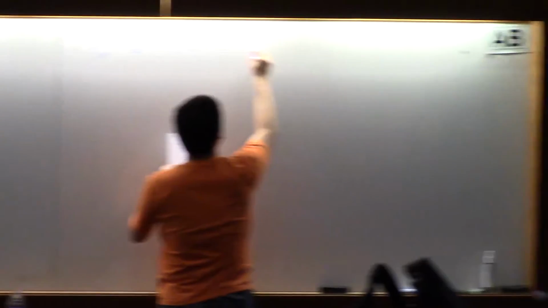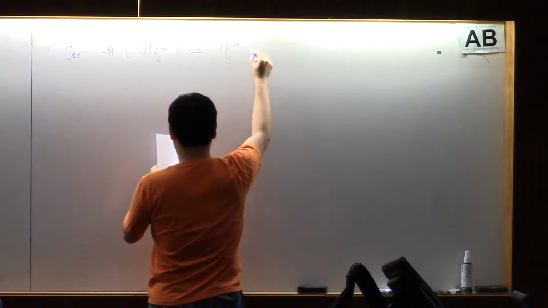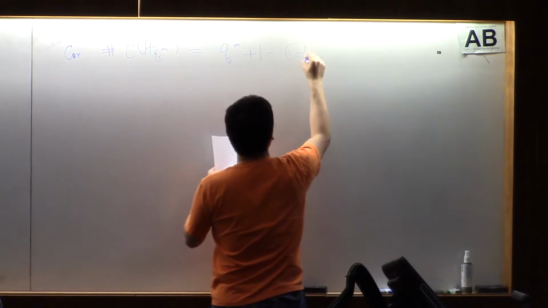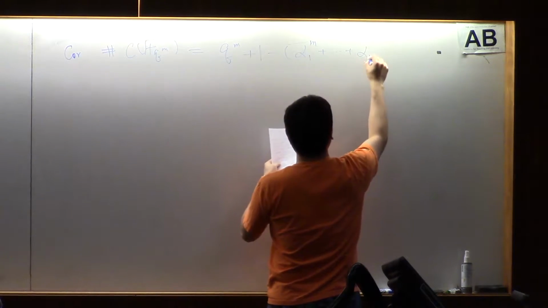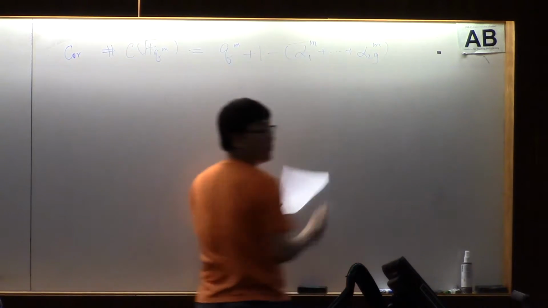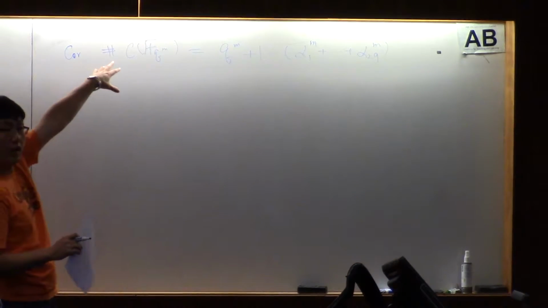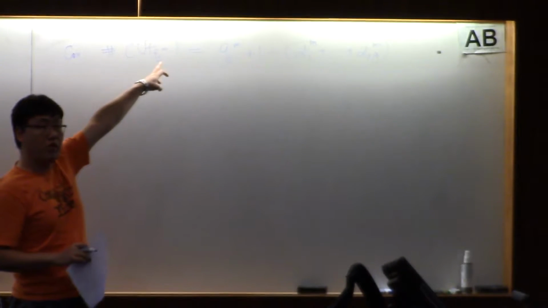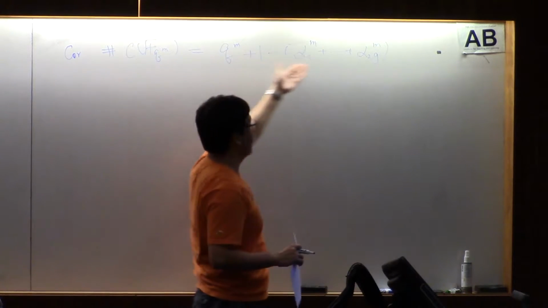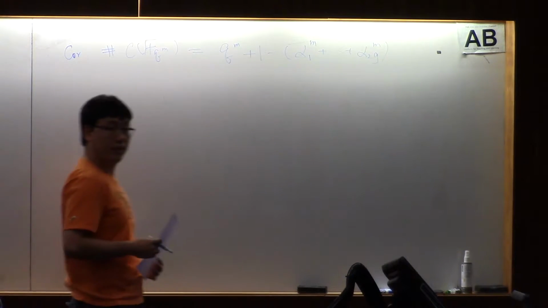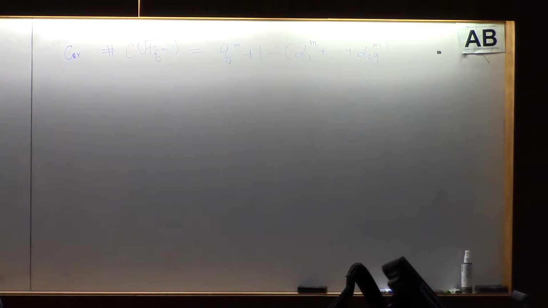You will see that the number of F_q^m rational points on the projective curve C can be computed by this formula. And if you know this alpha 1 to alpha 2g, then you know all these numbers.